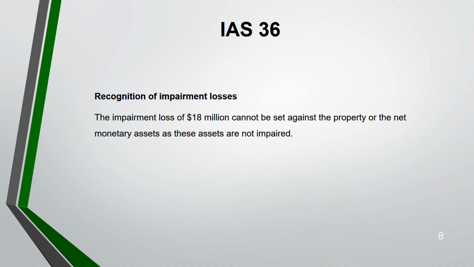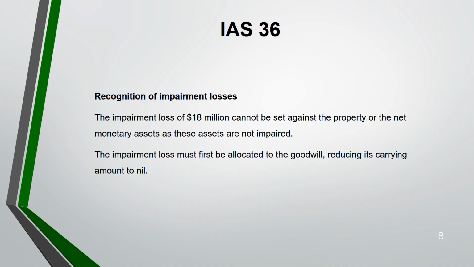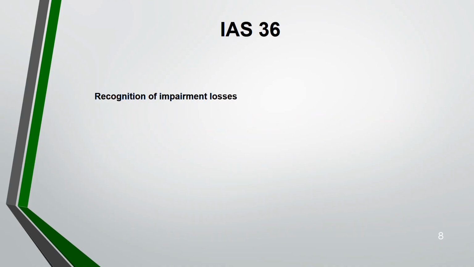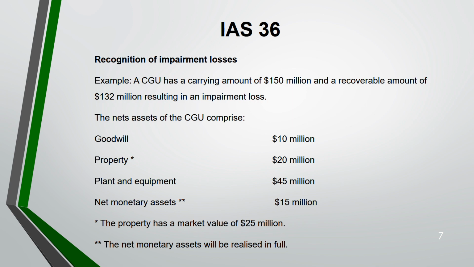So the impairment loss of 18, you cannot set them against the property or the net monetary asset because these assets are not impaired. They told, right, net monetary asset has been realized fully. And also property value has been increased from 20 to 25. So those two assets are not. The remaining assets are goodwill and plant and equipment.